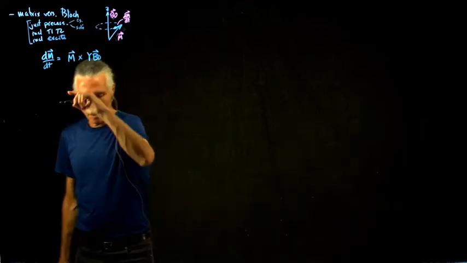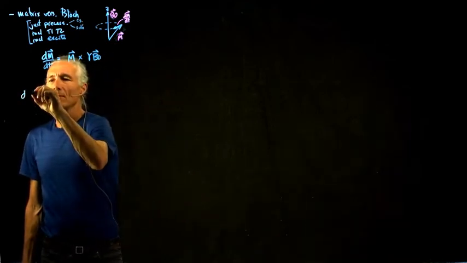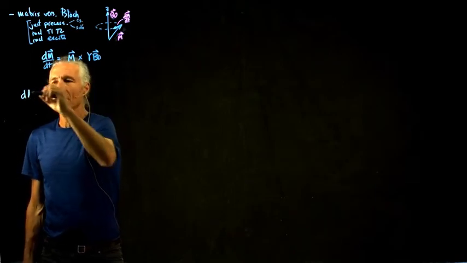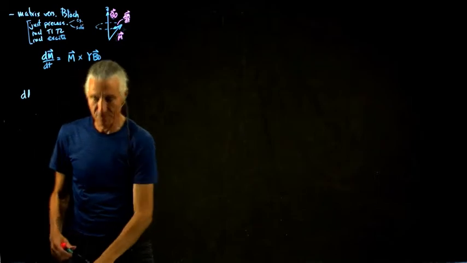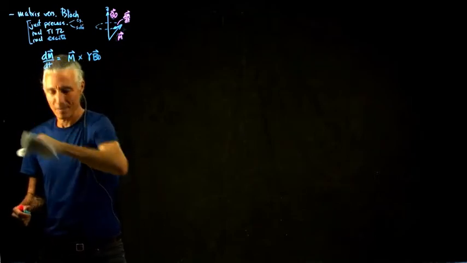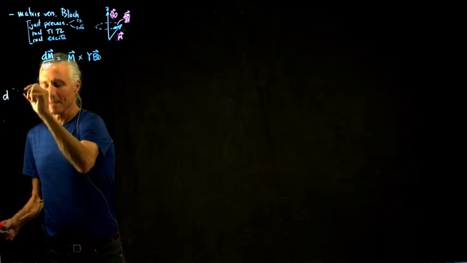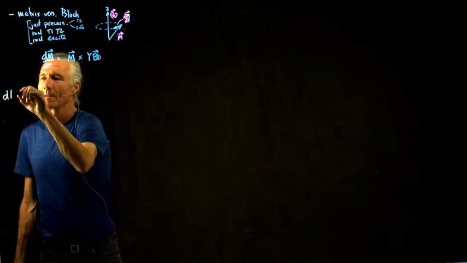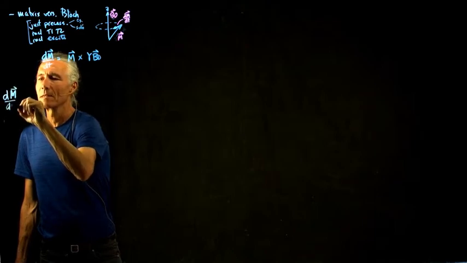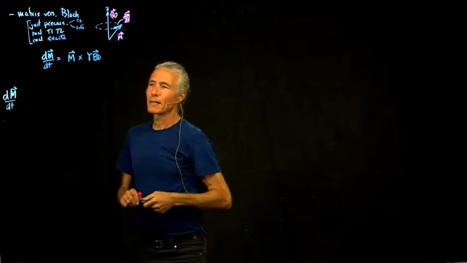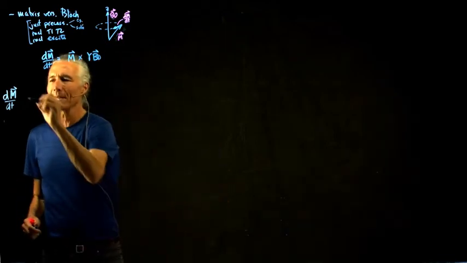Let's put it a little bit further over to the left so I make sure I have enough room. Let's go right there. Okay. So here's the first term, dM/dt. Now, since that's a vector, what is that actually? How could we rewrite that as a matrix?